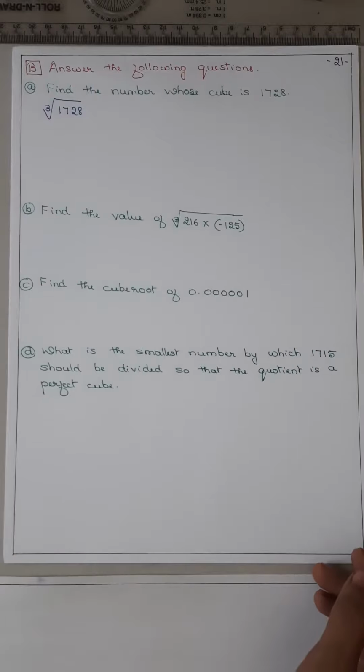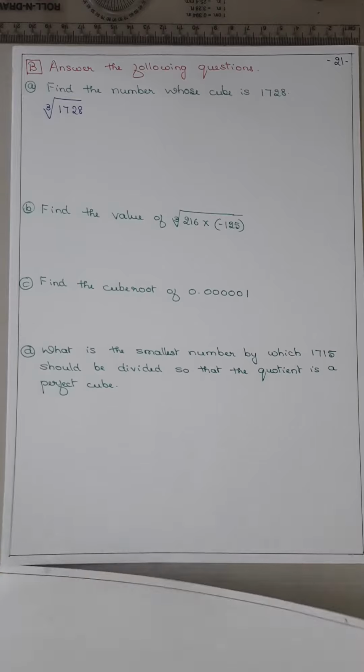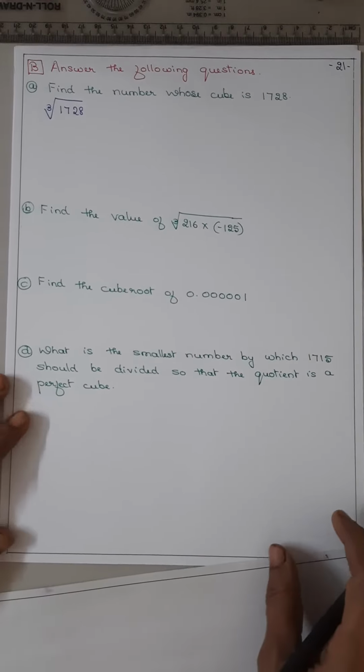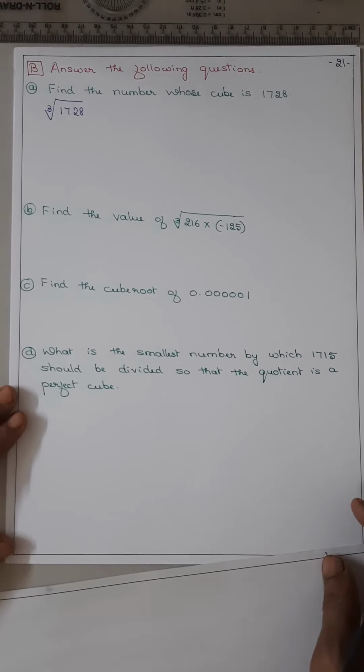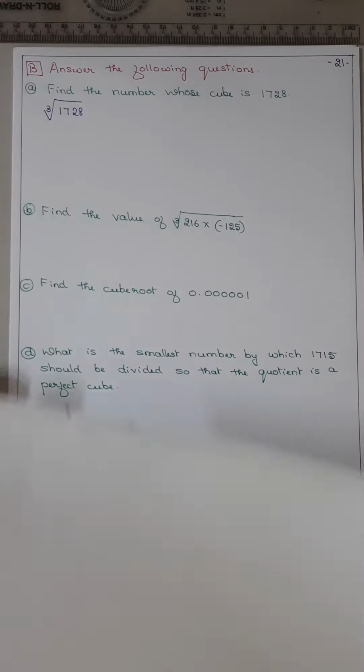Now coming to question number 1b. Find the number whose cube is 1728. The cube is 1728. That means we have to find out the cube root. Okay.